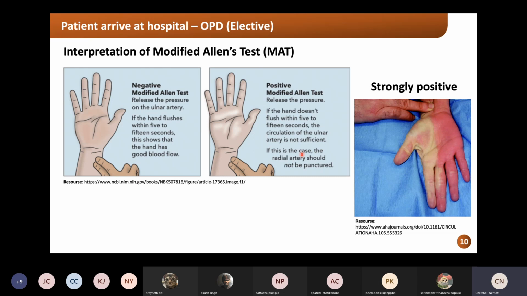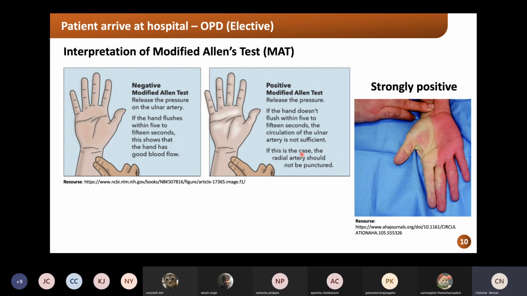But on the other hand, if you release the finger compressing the ulnar artery and after 5 to 15 seconds the hand of the patient still looks pale, no red, no warmth on the palm, we interpret this as a positive modified Allen test. In this case, the radial approach may not be considered as the approach site for the patient, because the collateral circulation between the radial and ulnar artery may have some problem.